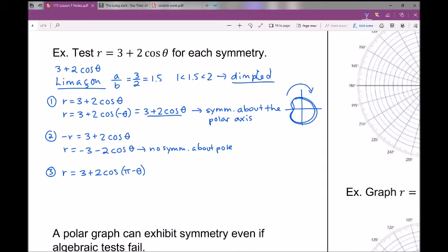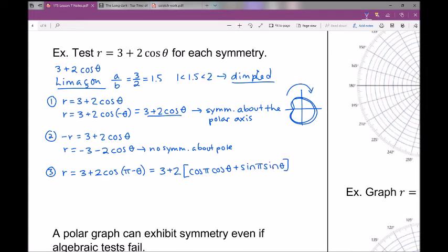If we have a difference inside of a cosine, we can expand that using our sum and difference formulas from lesson 5, I think it was. So what we get is 3 plus 2 times the cosine of pi times the cosine of theta plus the sine of pi times the sine of theta.